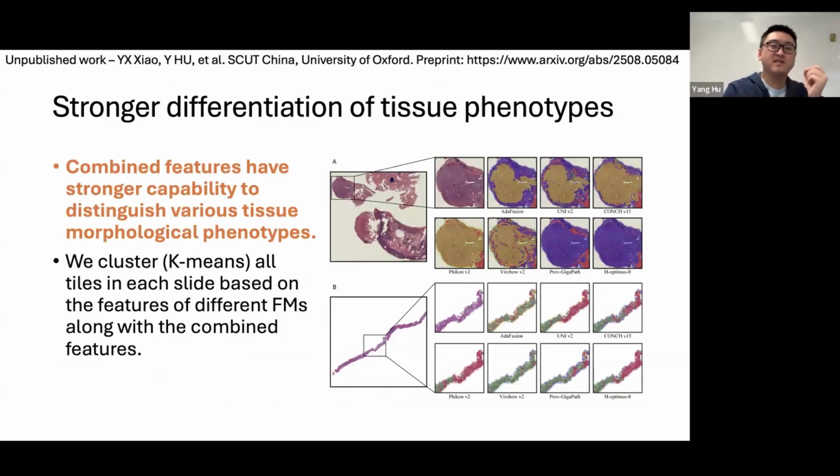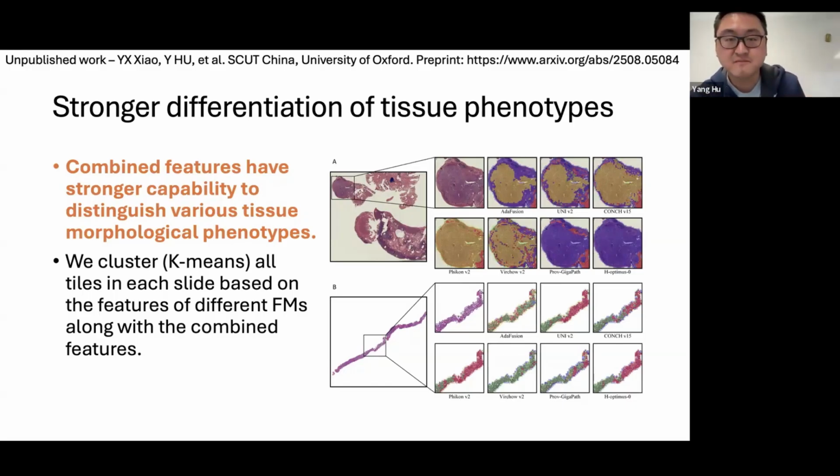The combined feature also has a stronger capability to distinguish various tissue morphological phenotypes. We just use k-means to cluster all the tiles in each slice based on the features of the different foundation models along with the combined feature.